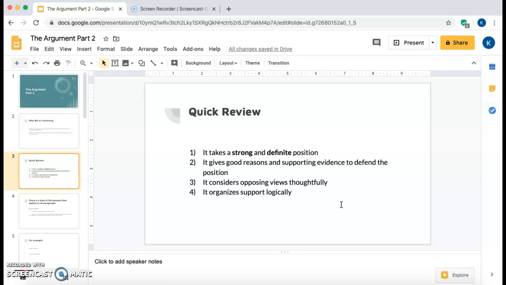Now, it doesn't have to be a paragraph long, for instance. If you're only writing an argument paragraph, say for this class, a sentence or two will suffice, absolutely.